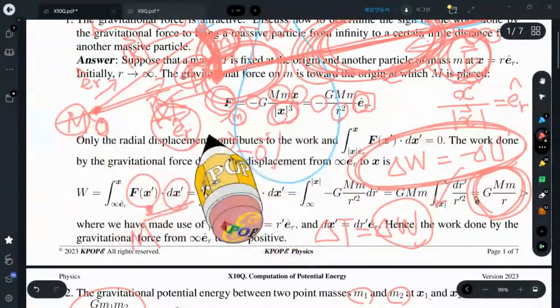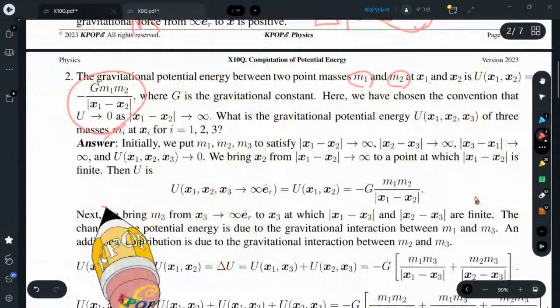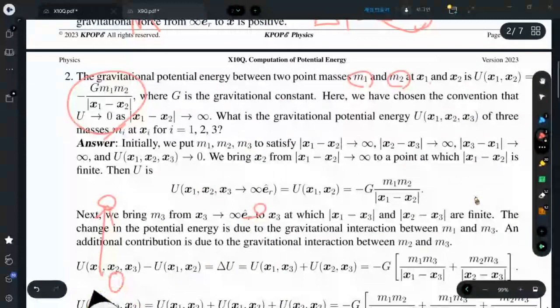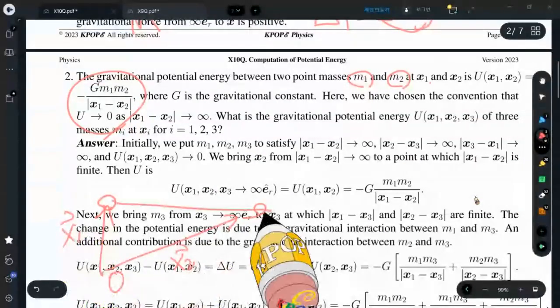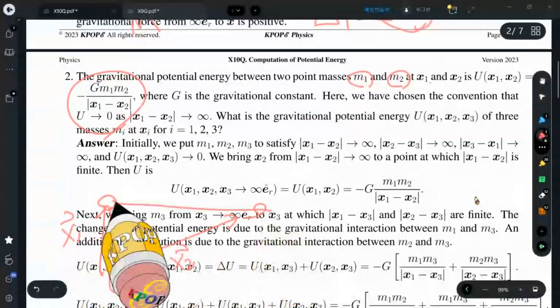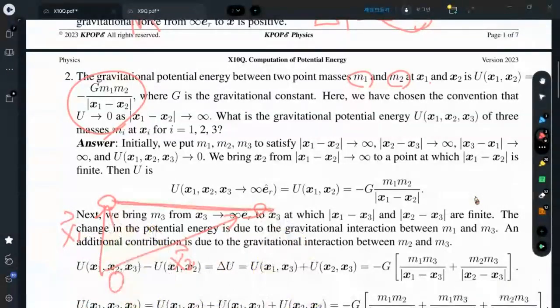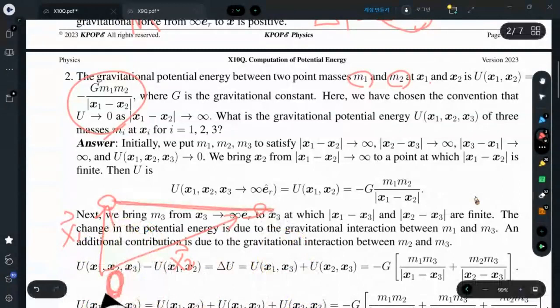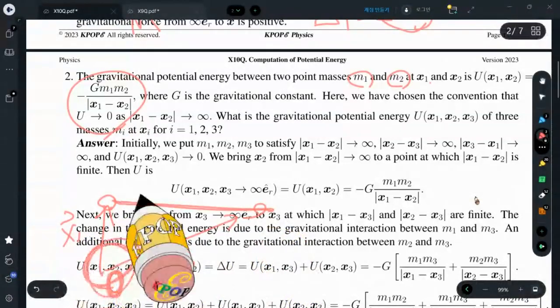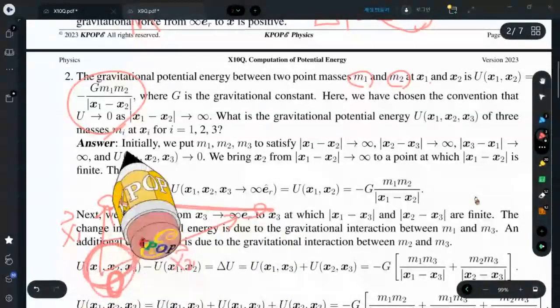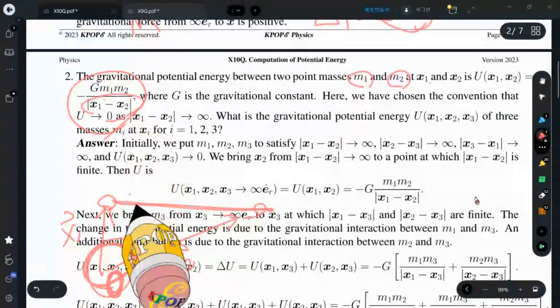However, if we have M1 and M2 in different places, with the origin somewhere around here, at X1 and X2, potential energy depends on their distance. It has nothing to do with their distance from the origin. This origin is just unimportant. The physical quantity is just the distance between these two masses.